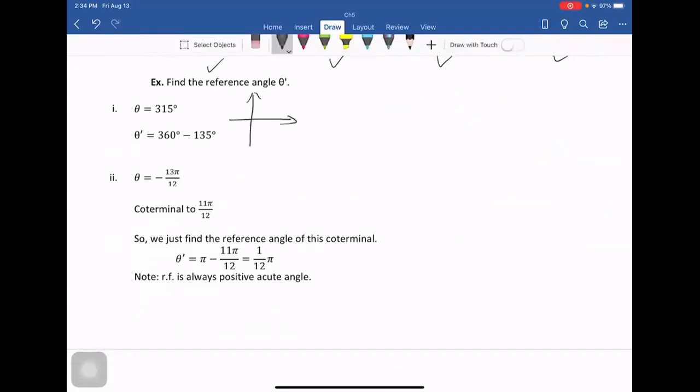So in degree form, this is 180, this is 90 degrees, this is 270. And here is 0, 360. One full rotation is 360. So, okay, 315 should be here.